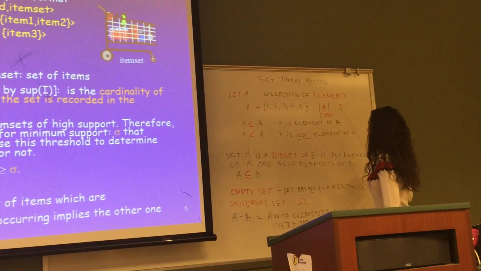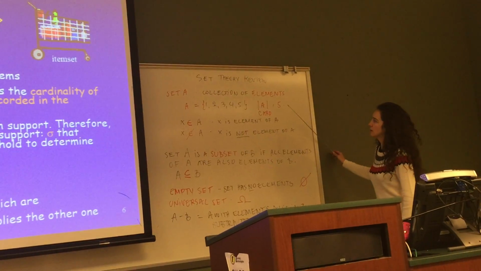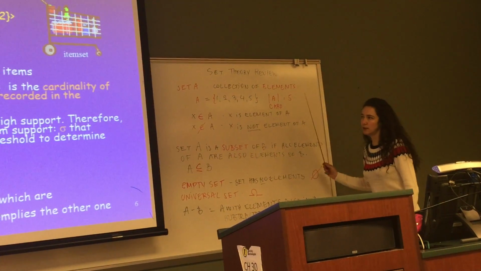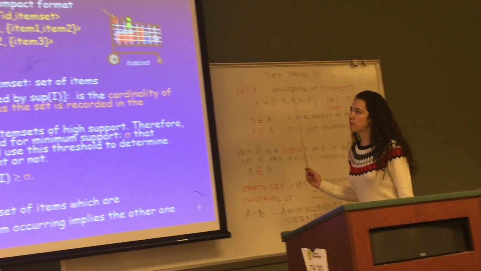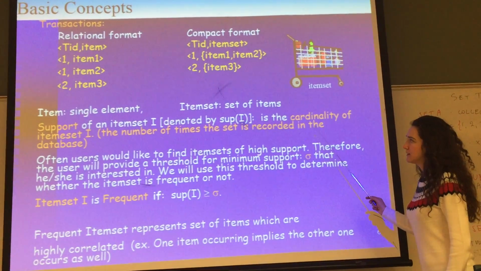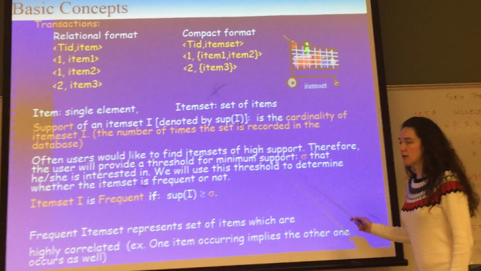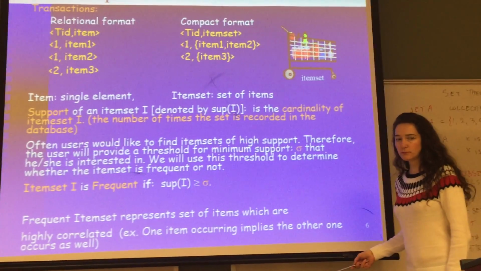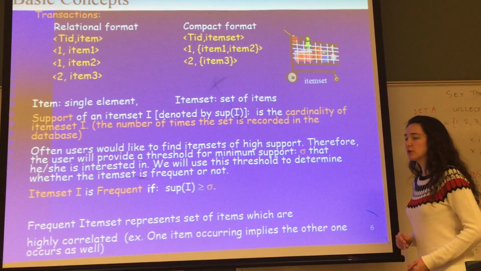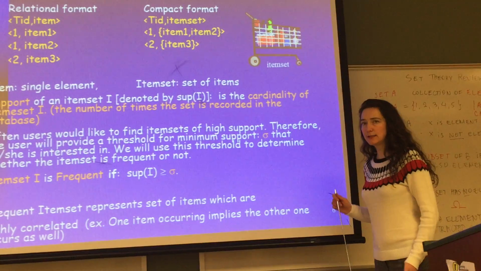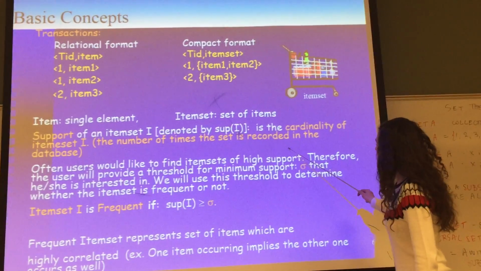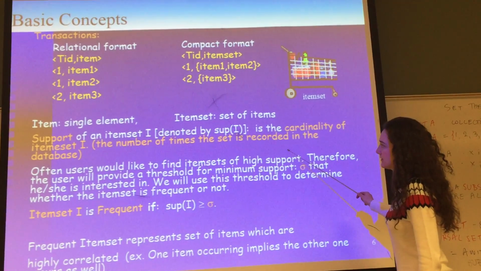The cardinality, remember, is how frequently, in this case, this item set occurs in our database. How frequently a particular transaction happens in the data. That will be the support of the item set.